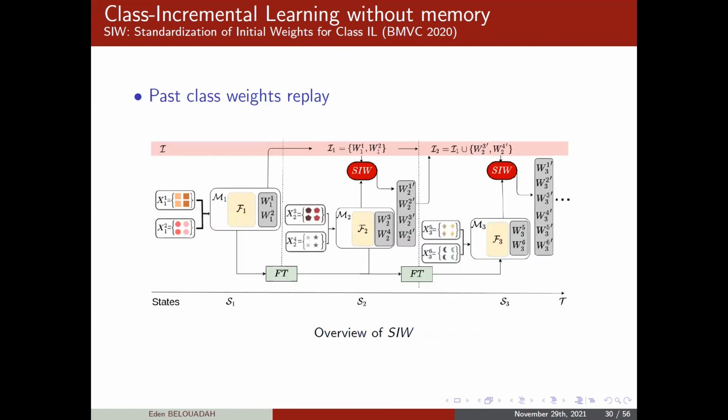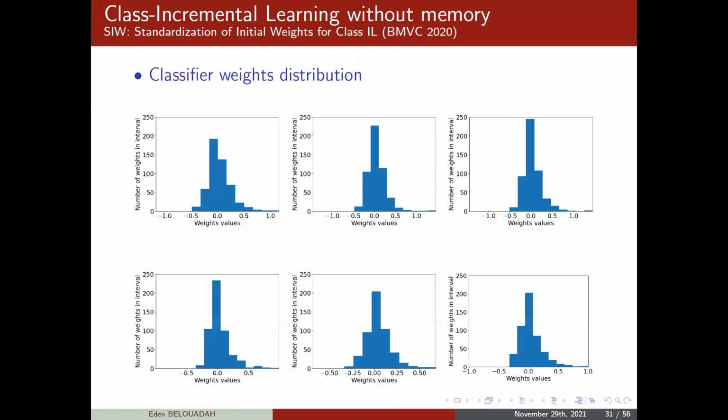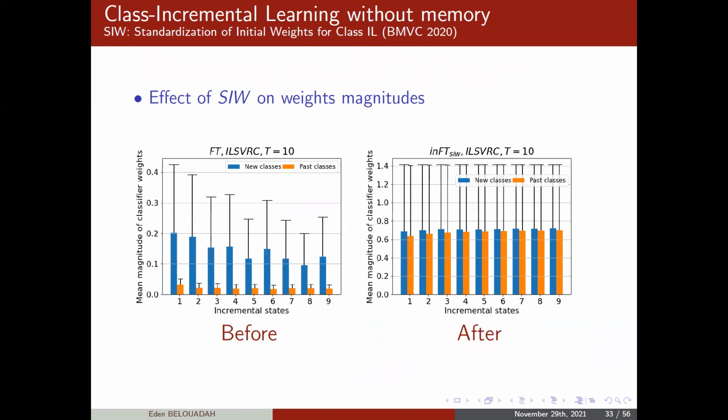It is true that we did not conduct an experiment to see the effect of SIW on the classification scores, and thank you for mentioning it, because I completely forgot about it. Since the initial experiments were on the weights magnitudes, in this figure, as I see the orange magnitudes are lower, my goal was to make them more comparable. But it is true that I did not check how the scores are after the rectification.